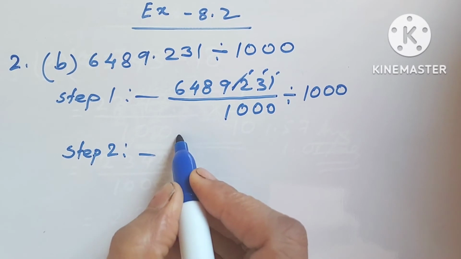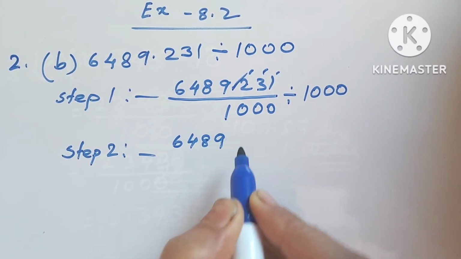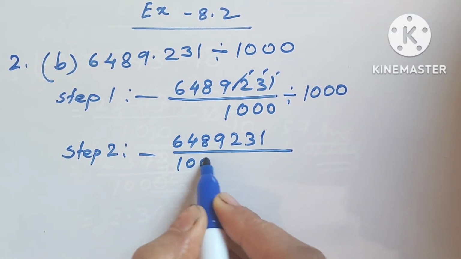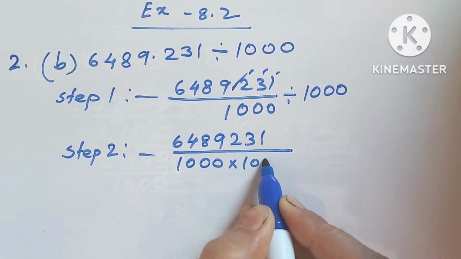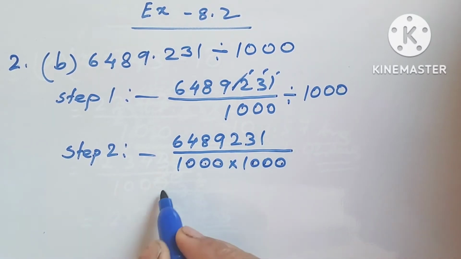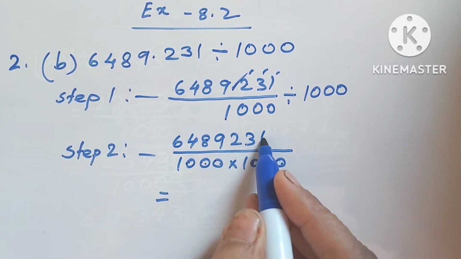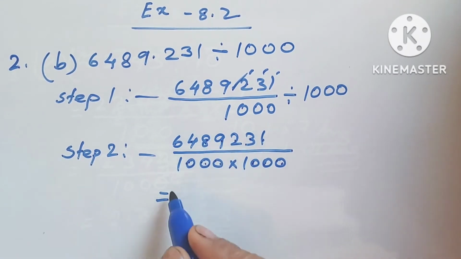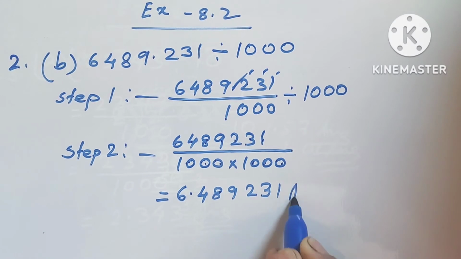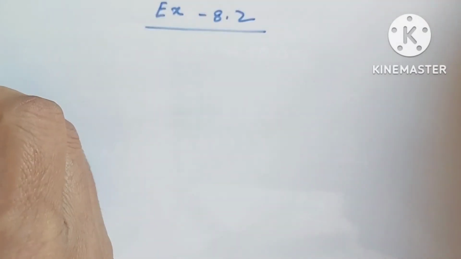Step 2. 6489231 by 1000 into 1000. So we count digits from the right side. We get 6.489231.